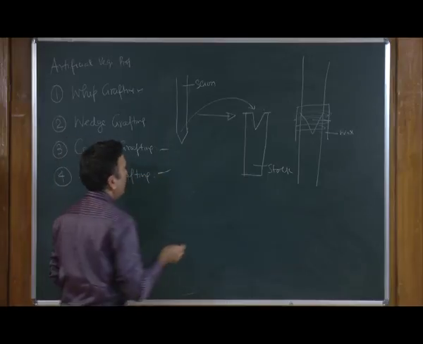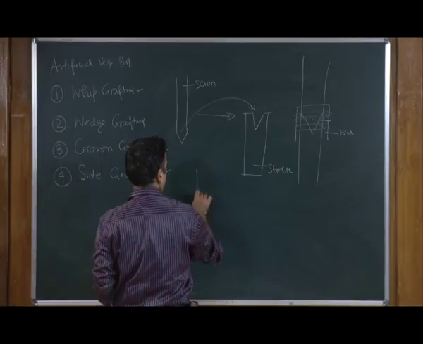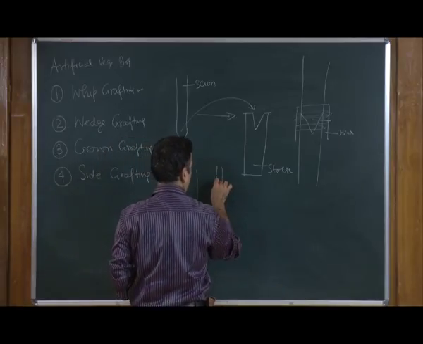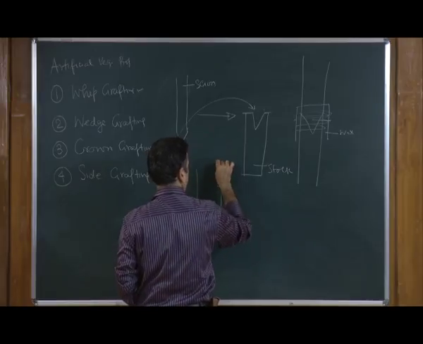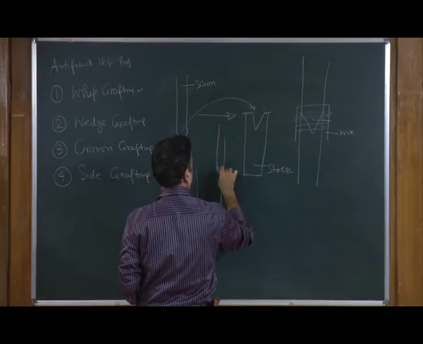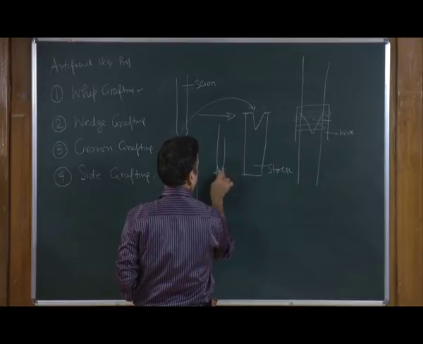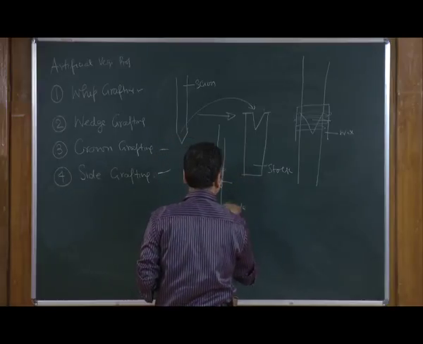In the case of side grafting, you take the stock, make a cut here, and then you put your scion here, tie up, and this is called side grafting.